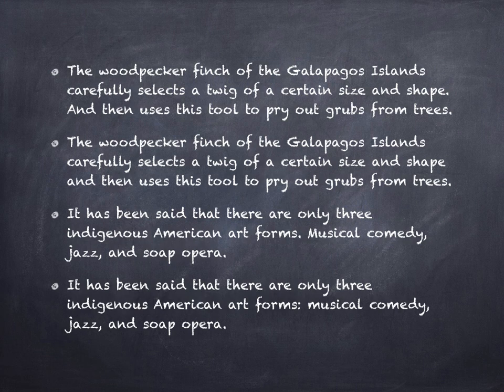You should not begin a sentence with a coordinating conjunction. And let's look now at the best way to connect these two sentences. The woodpecker finch of the Galapagos Islands carefully selects a twig of a certain size and shape and then uses this tool to pry out grubs from the trees.